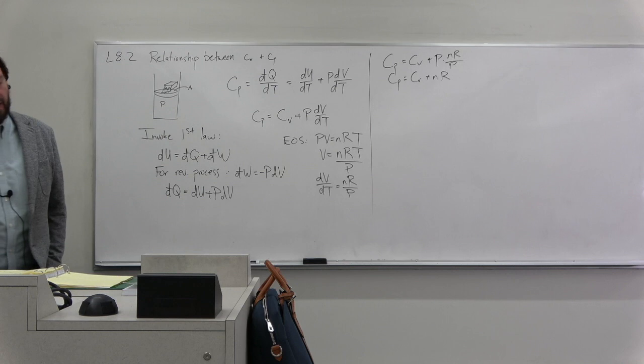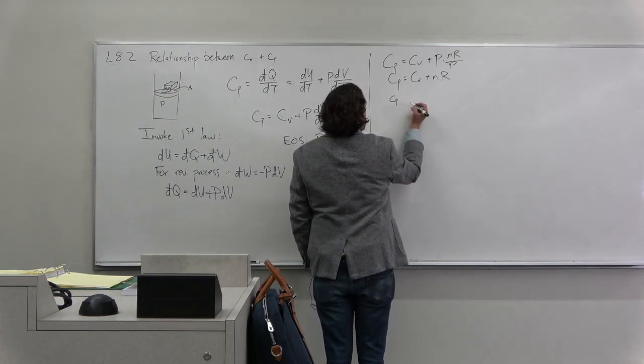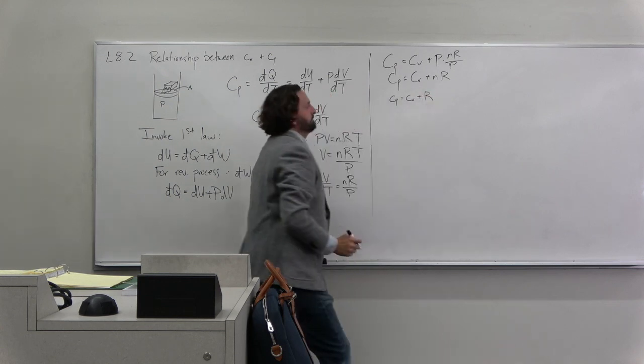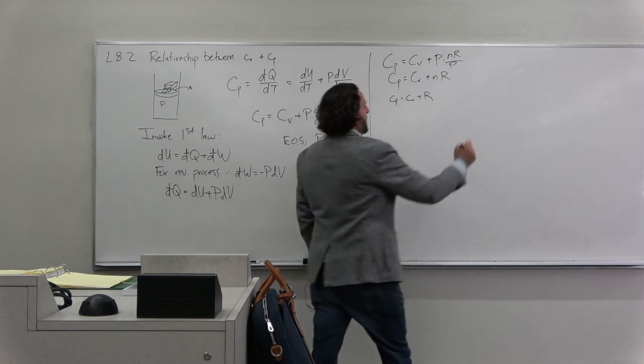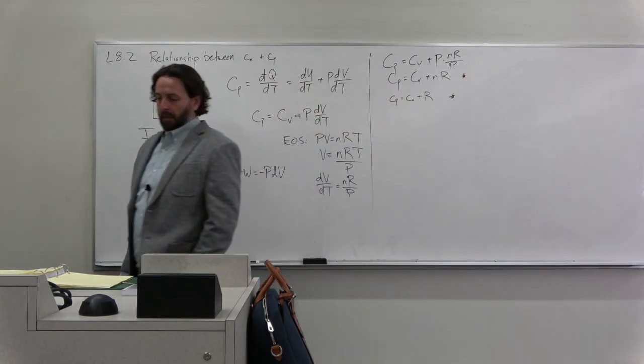Or if I had written it in terms of the molar heat capacities, little Cp would be little Cv plus R. So these are excellent things to remember. Okay?